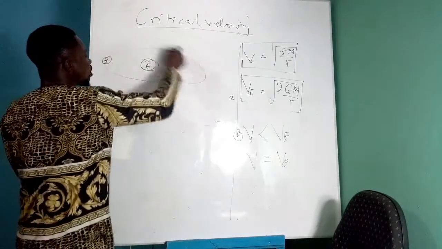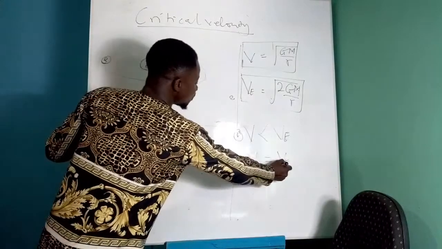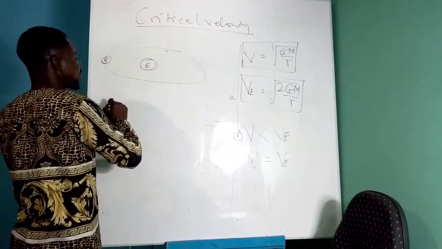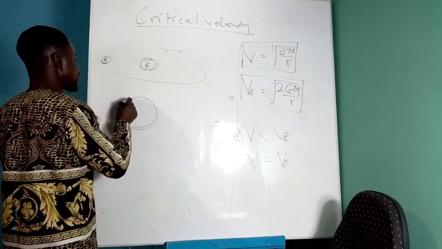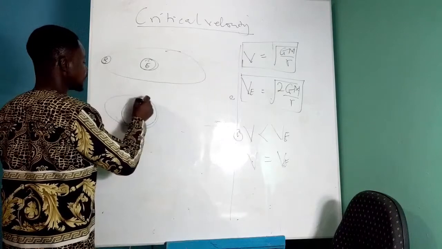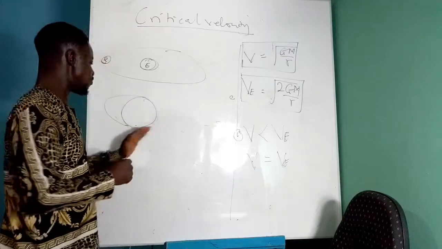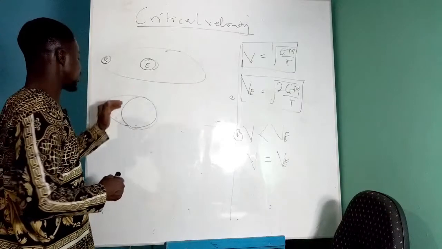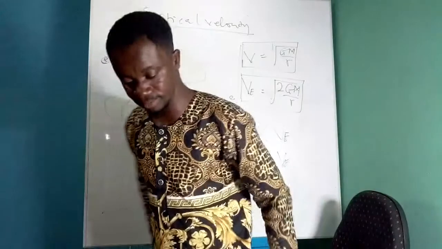But when V is equal to VE, when the critical velocity is equal to the escape velocity, then the satellite will move on a parabolic orbit like this. What that means is that the satellite will move up into space and fall back onto the Earth's surface. It will not be able to revolve around the Earth.